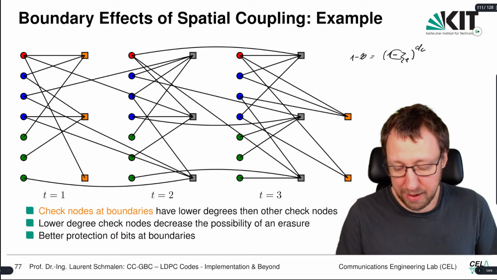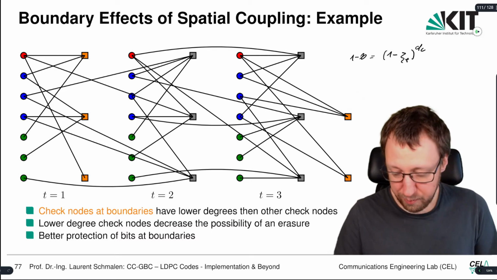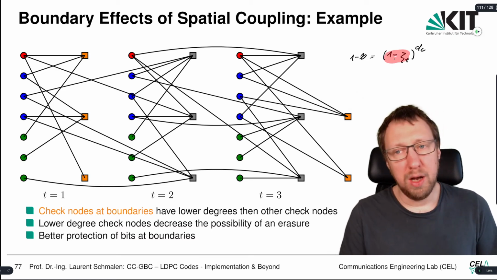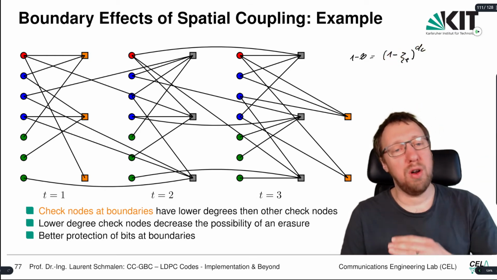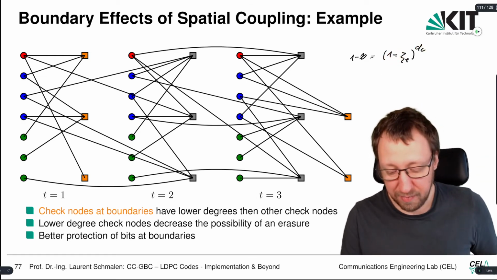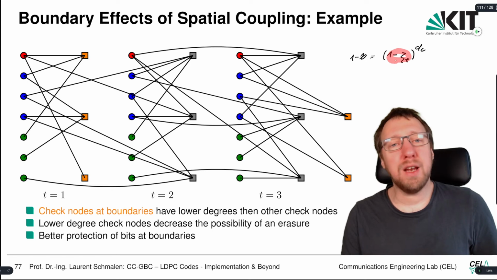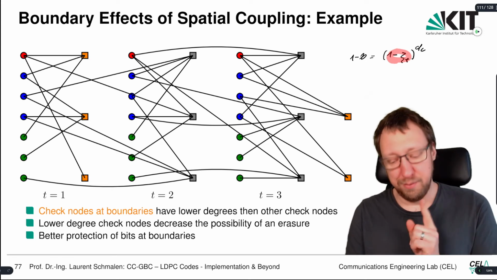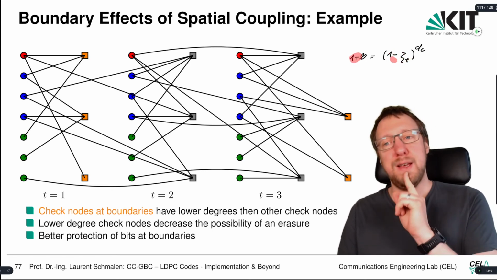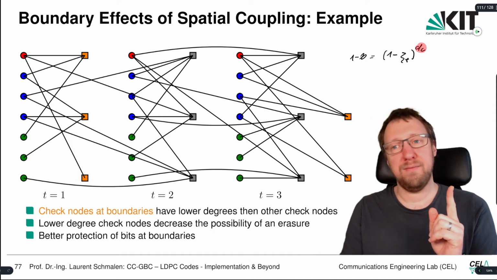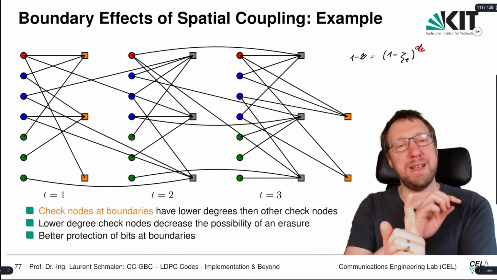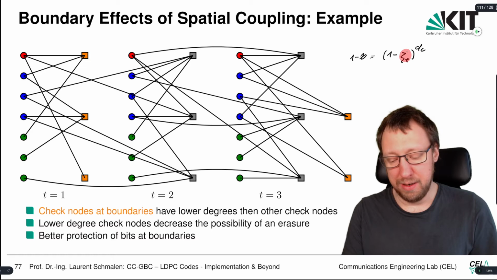So this is a number that is between 0 and 1. And if dc increases, this number gets smaller and smaller. So the probability that the check node is not erased gets smaller and smaller if we increase dc, if the input messages is erased with the same probability.